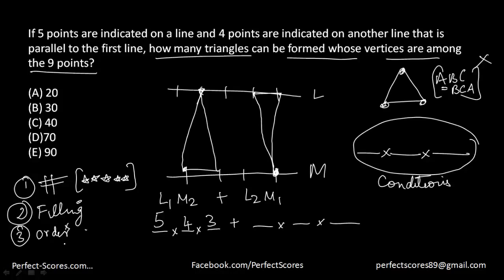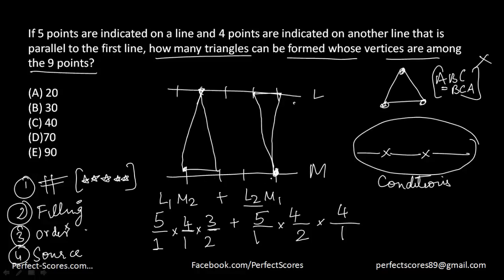That means I will be dividing by the number of slots. Then I have to ask myself, are these slots from the same source? Are these 3 points from the same source? No. This 5 is from a different source, and this 4 and 3 are from different sources. Similarly, if I have to select 2 points out of these 5 points, I'll be doing 5 and 4 over 1 and 2, and over here I'll be doing 4 by 1.